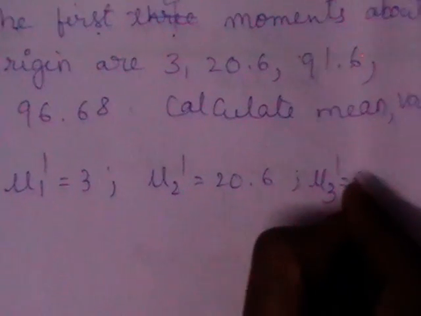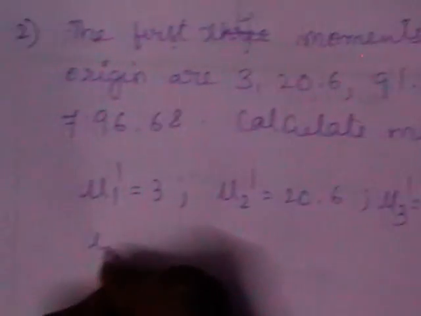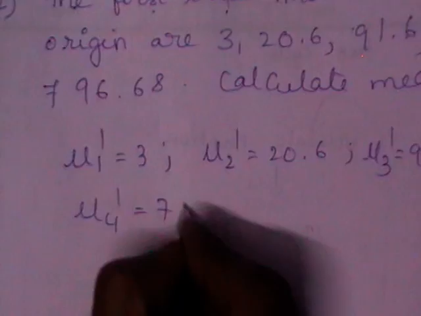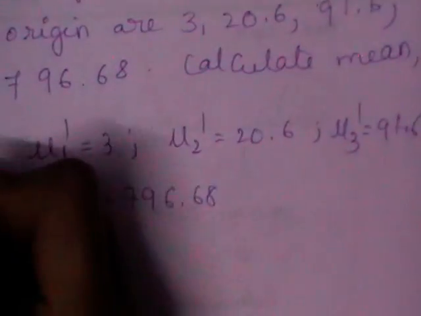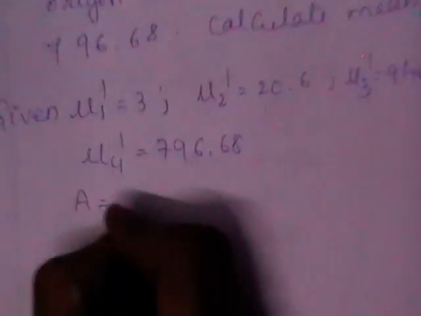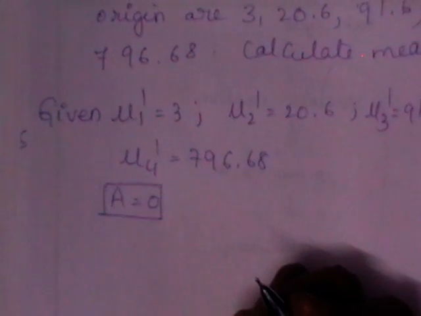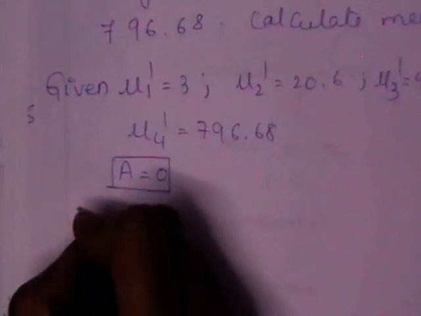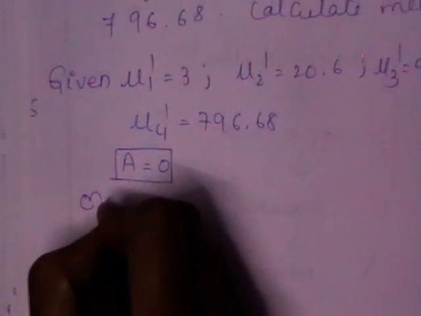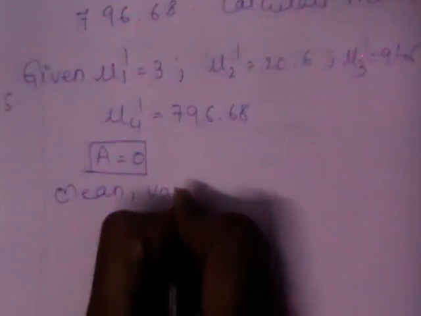Mu3 dash is 91.6. Mu4 dash is 796. These are given to you. About origin means A is 0. What you need to calculate is the mean and variance.